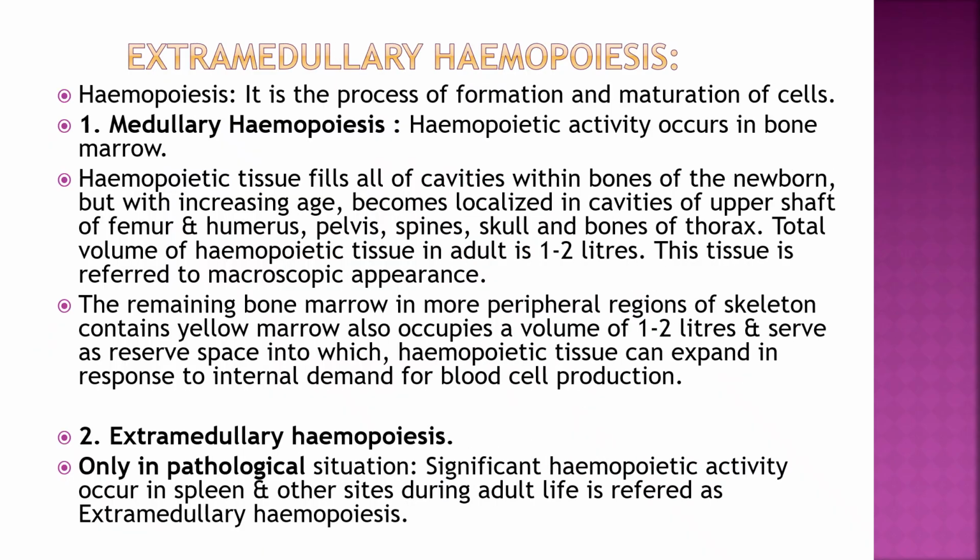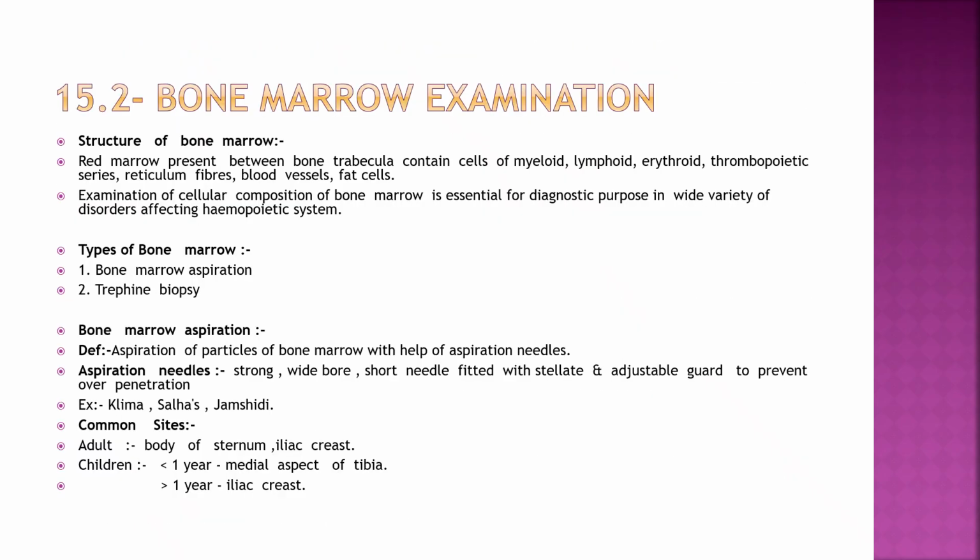So hemopoiesis, if it is seen normally in bone marrow, or lymphoid series in lymph nodes, and monocyte series in bone marrow or spleen, then it is called medullary hemopoiesis. And in pathological condition, if the hemopoiesis is seen in other organs like spleen, lymph node, then it is called extramedullary hemopoiesis.